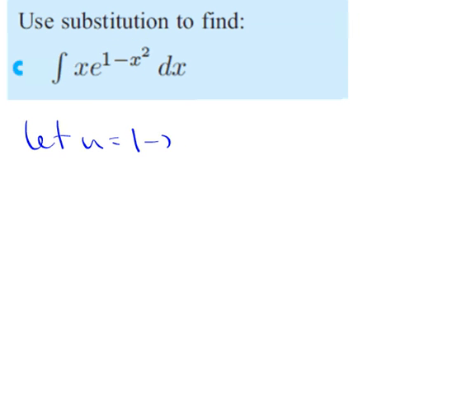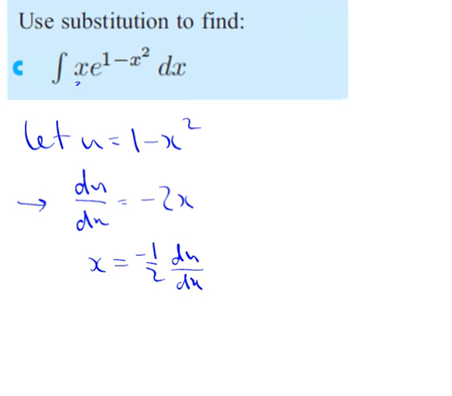So we shall let u equal 1 take x squared, and therefore du by dx will become minus 2x. Now notice we don't have a minus 2x here, we have a single x. So if we rearrange this equation to make x the subject, we get x equals negative a half du dx. And that's what we will substitute up here.